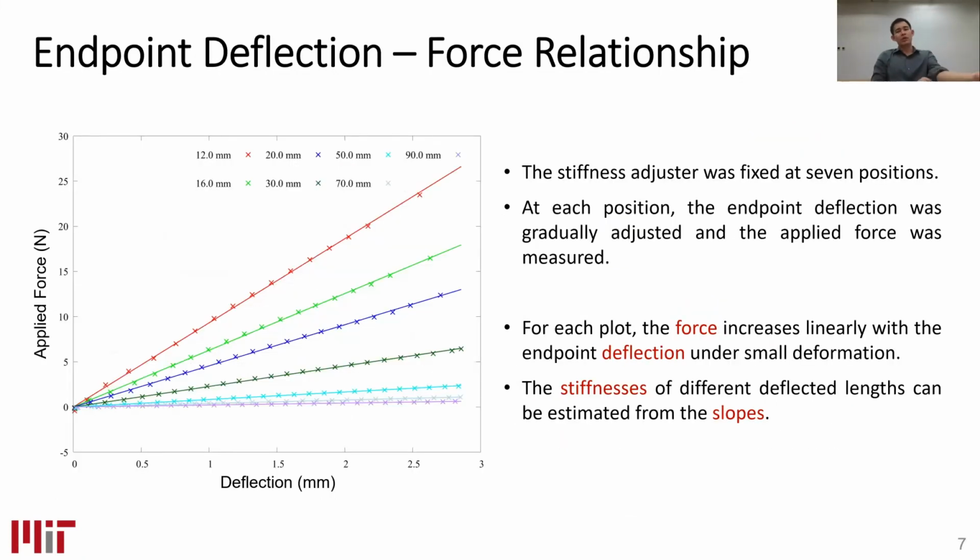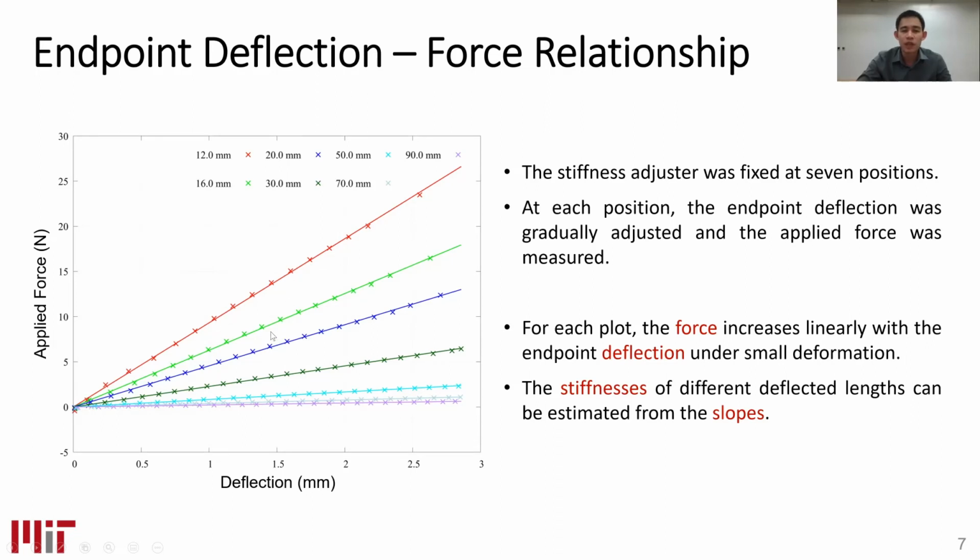And we develop the prototype and characterize the prototype. Here is the force-deflection static experiment. We fix the position of the stiffness adjuster and we vary the deflection and measure the force, and we have the linear relationship between the force and the deflection when we fix the position of the stiffness adjuster.